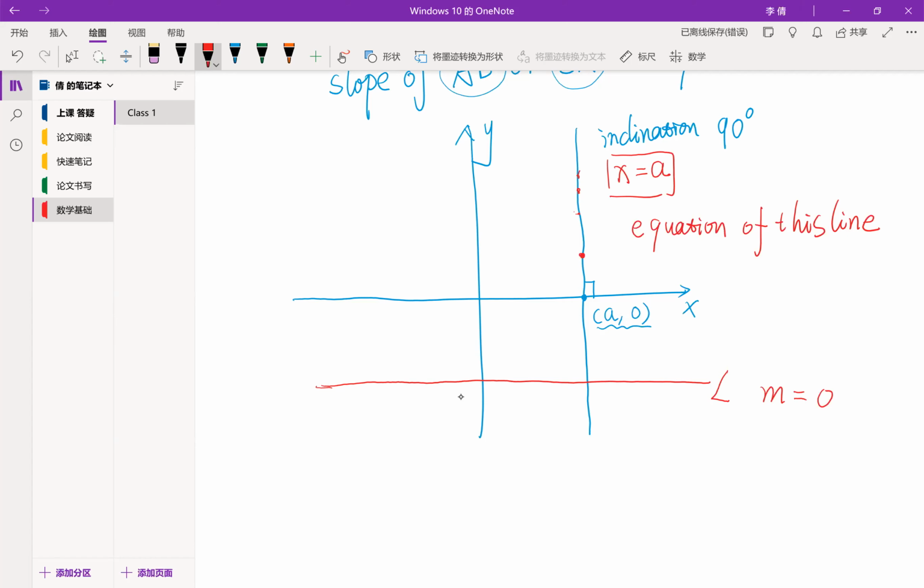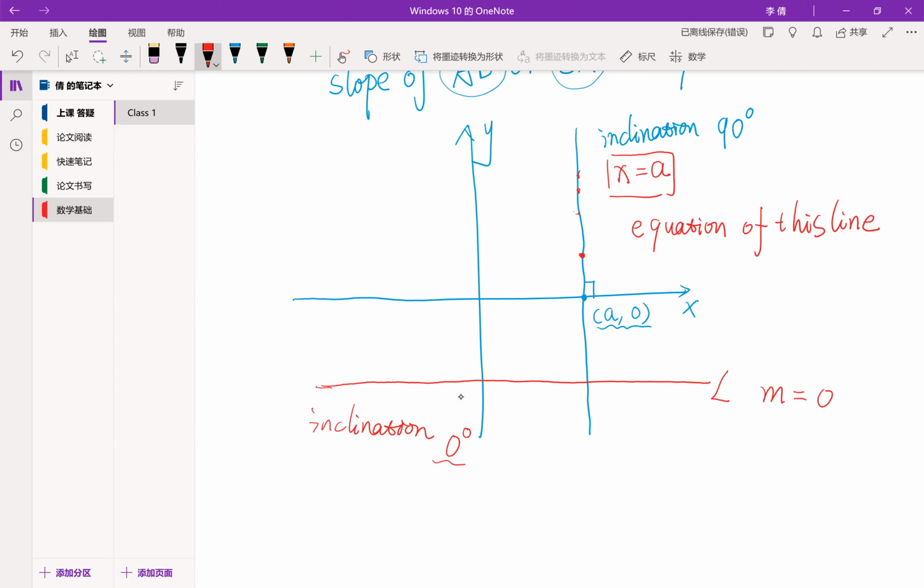And the inclination of this line is equal to what? It must be 0 degrees, right? Yes, it must be 0 degrees.